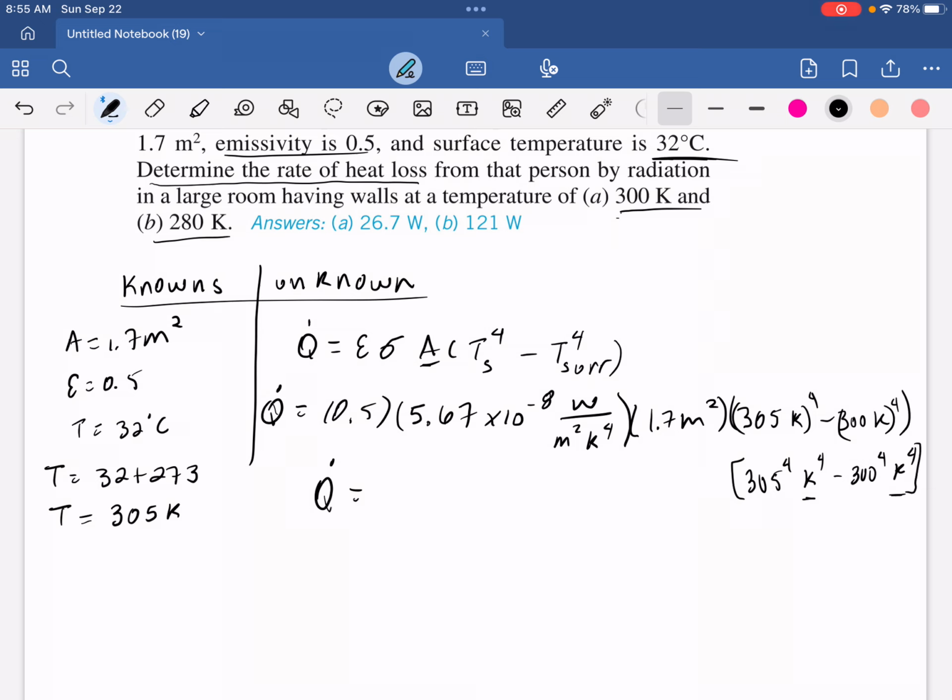So if I was to do that, let me see, maybe I could do that on my calculator. Once you raise 305 to the fourth and subtract 300 raised to the fourth, what you're going to get is a really big number, millions actually. And this is just gonna stay as K to the fourth.